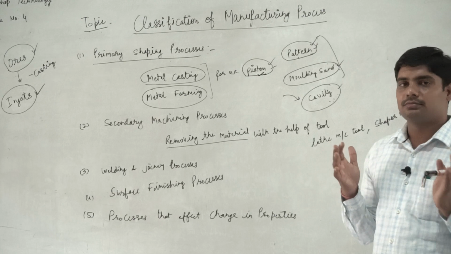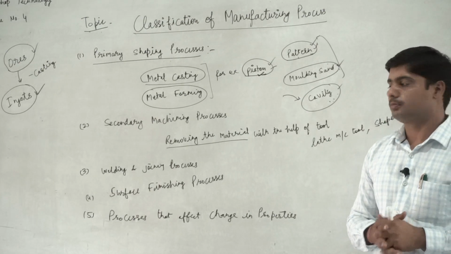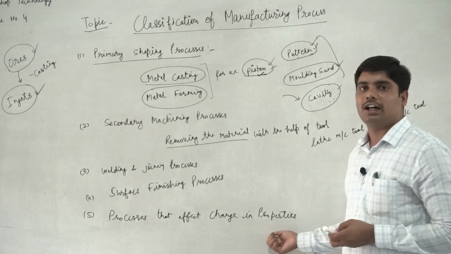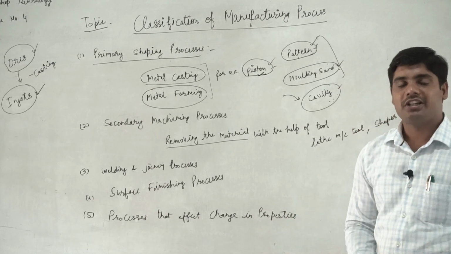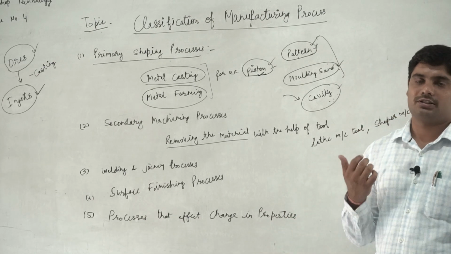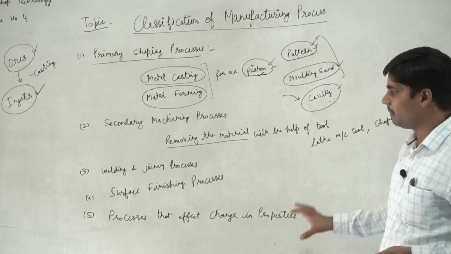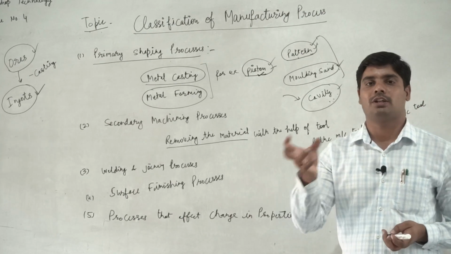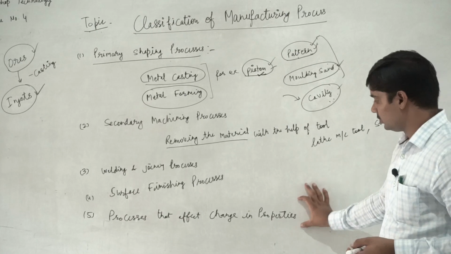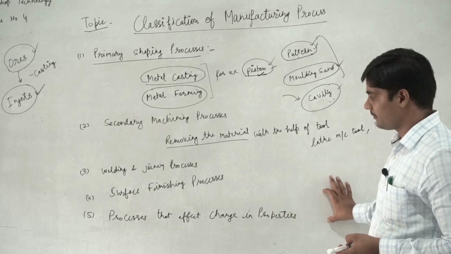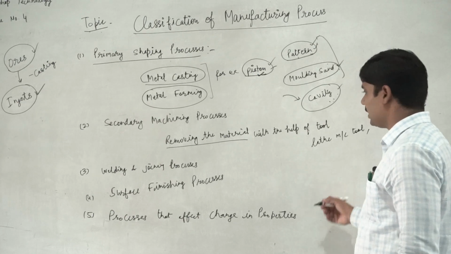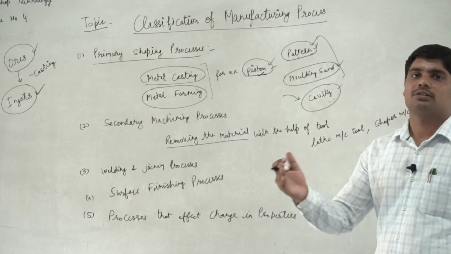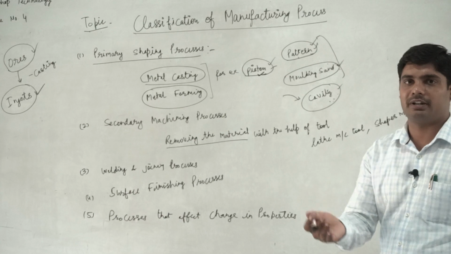So there are some natural processes, but these are artificial man-made methods to increase its internal properties, like strength, means depending upon its application where it has to be used, the properties are increased. So these are increased with the help of some particular situations, some particular treatments.